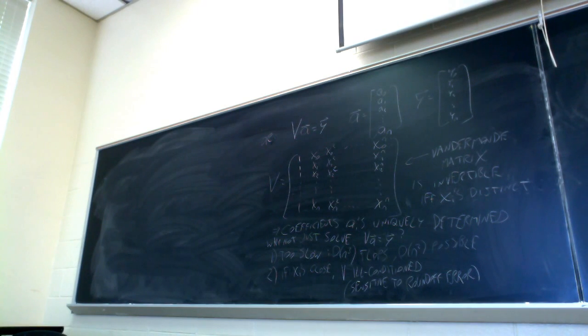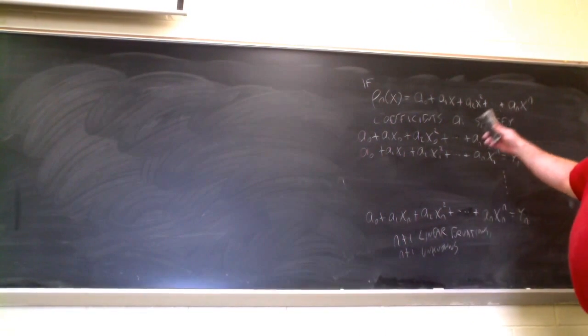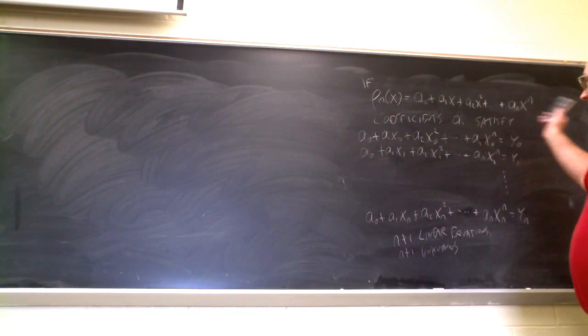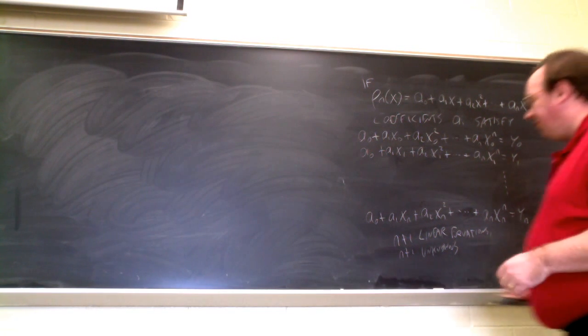Because what I've done here is I've expressed the polynomial I'm looking for, this Pn of x, in the monomial basis, as a linear combination of the monomials 1, x, x squared, up to x to the n. If I were to express Pn of x using a different set of polynomials, then maybe I can get a simpler matrix to work with to make a system easy to solve.